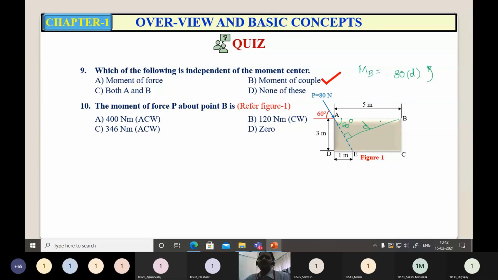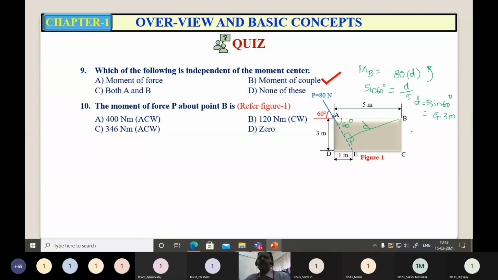Now to find D, consider this right angle triangle ABP. Sine 60 is the opposite side, that is D, upon the hypotenuse 5. So D is equal to 5 sine 60, which is 4.3 meters.